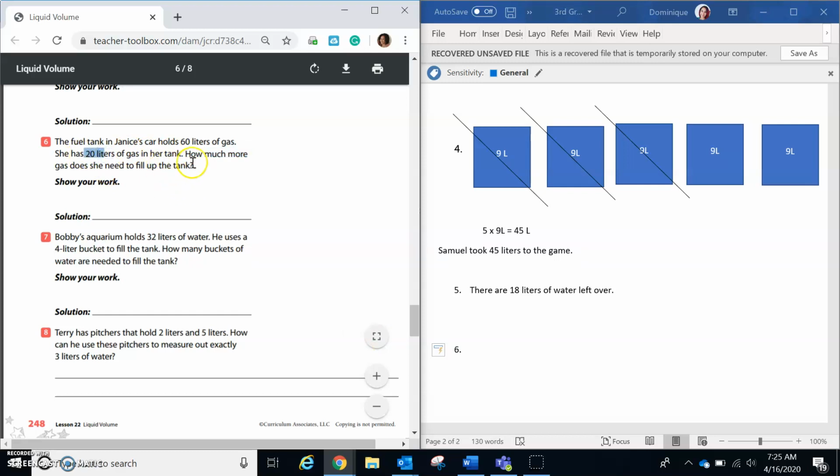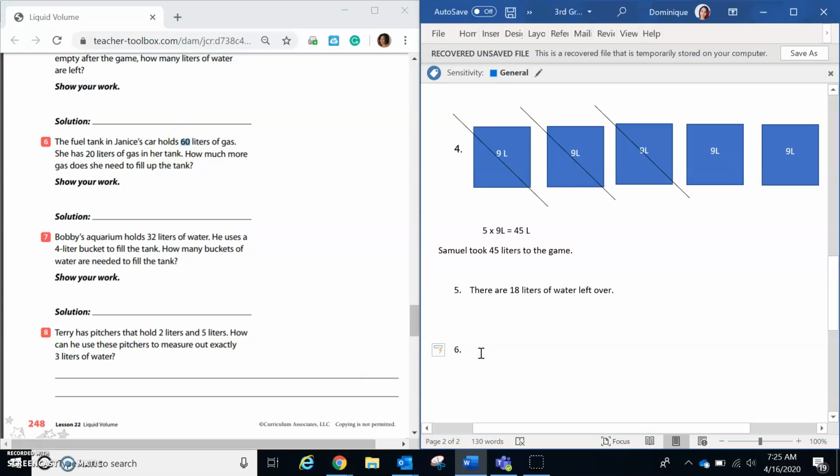So we know that she has 20 liters right now. We want to know how many more liters does she need to get to 60. So we're going to simply subtract. Remember, we always start with our larger number. 60, take away 20. And if you need to, you can always line yours up this way to help you.